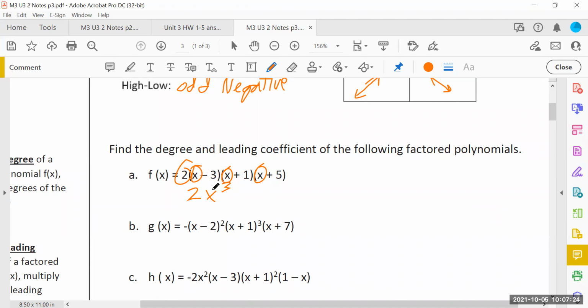So that 3 is my degree, that's odd. The 2 is my leading coefficient, that's positive. And then if we do a step farther, odd positive is low, high.